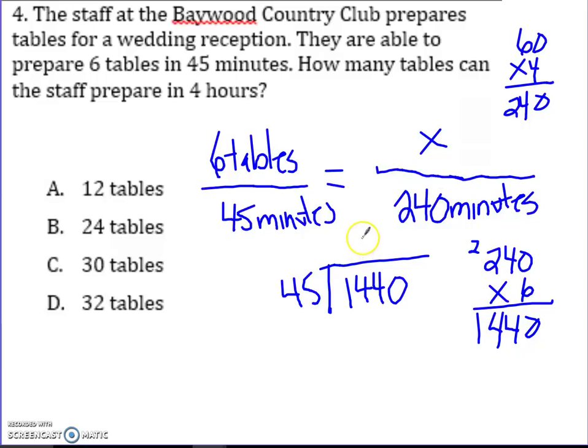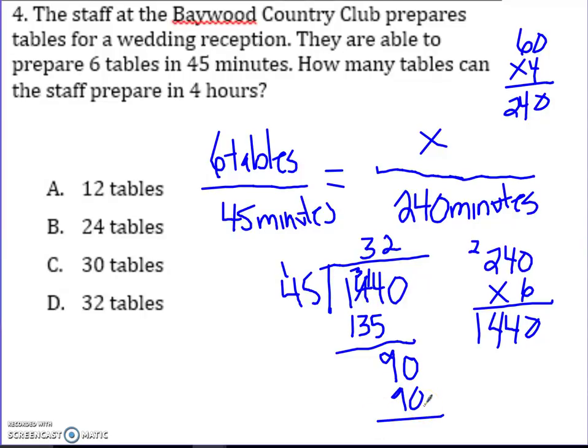We're going to go in there 3 times. 3 times 5 is 15. 3 times 4 is 12, plus 1 is 13. We have to borrow. We get 90. We're going to go in there again 2 times. 2 times 5 is 10. 2 times 4 is 8, plus 1 is 9. We get 32. All right, the last one.